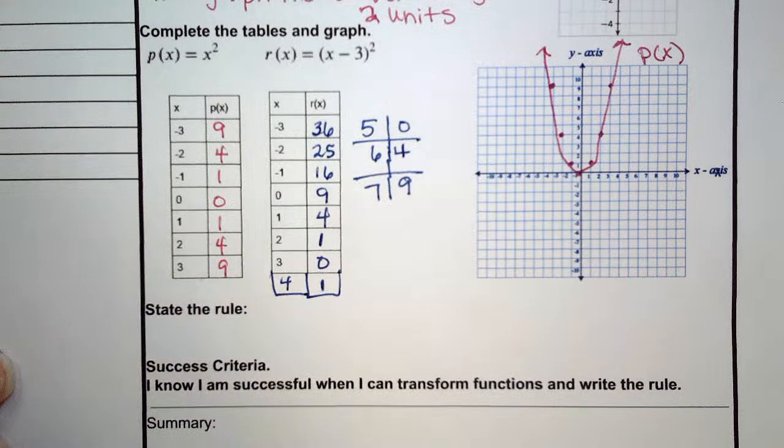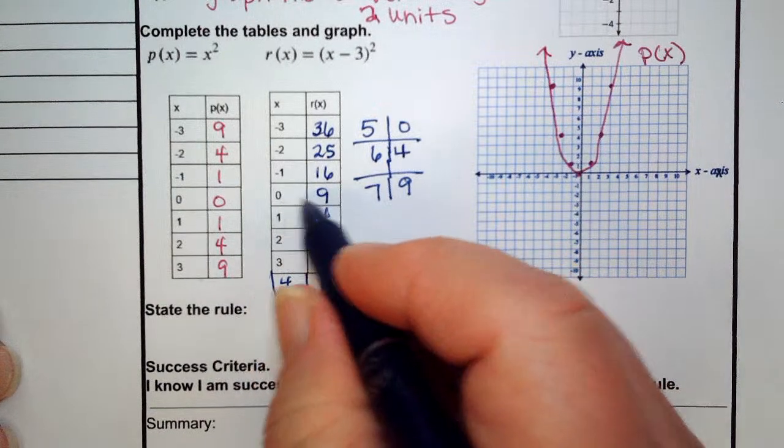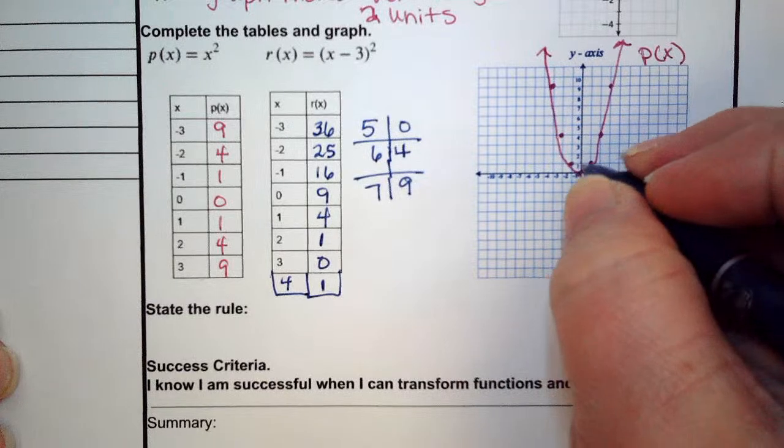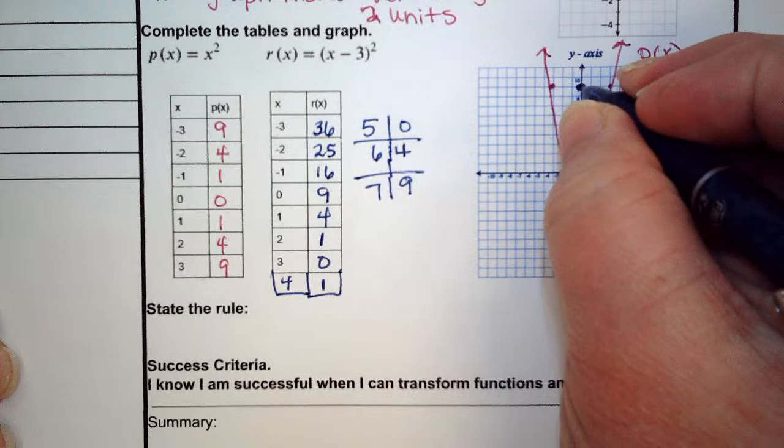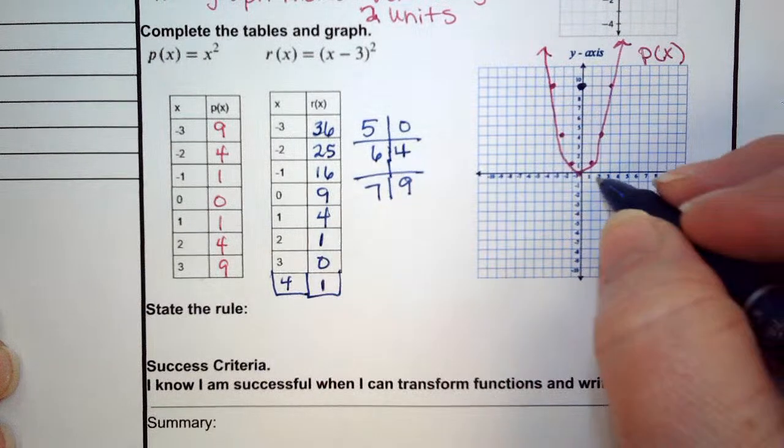Okay, let's go over here. 0, 9. So this is 0. I go up 9. 1, 4. Go over 1.